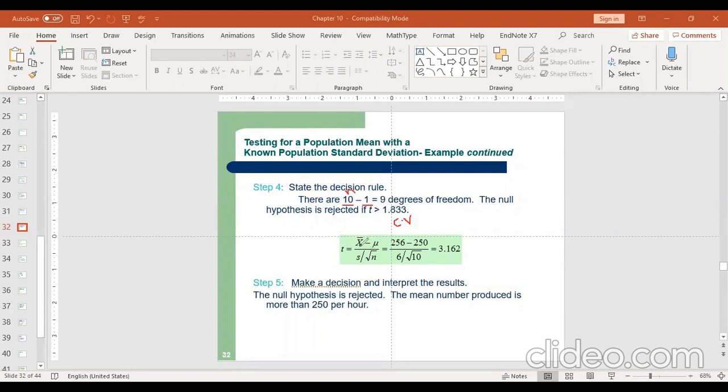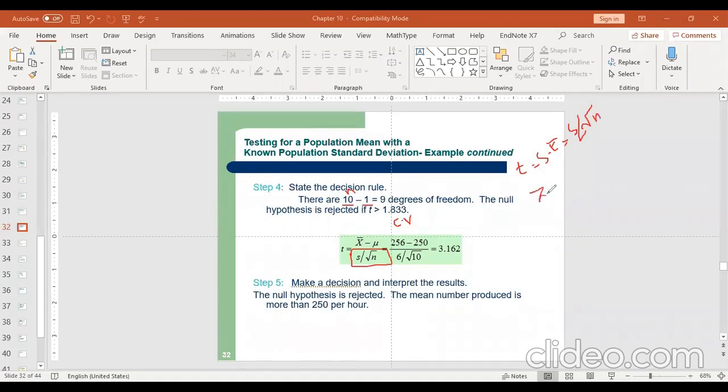So we will put the data into the formula. Sample mean minus population mean divided by standard error. This is the formula for standard error when we are using the t statistic. So at that point, standard error is equal to s divided by square root of n.